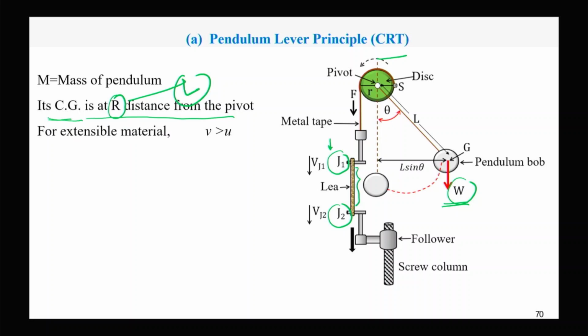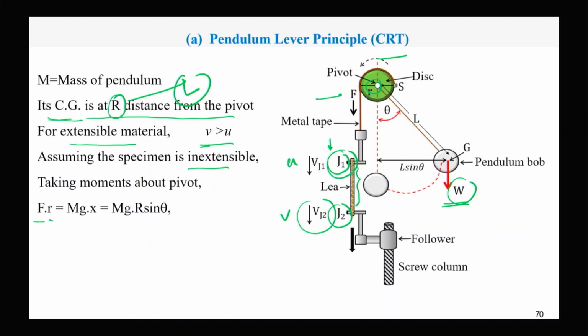The rate of extension, with small r the radius of the disc, is equal to the load mg multiplied by x, where x is the horizontal deflection of the pendulum. If the length is capital R here, it will be R sin theta.